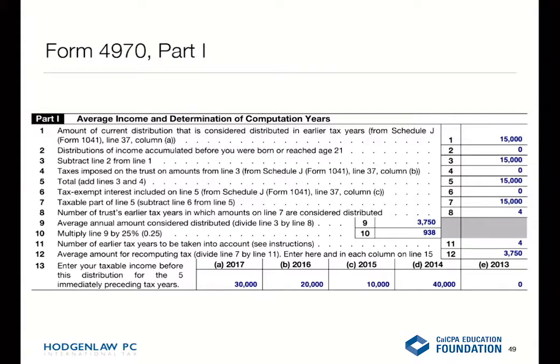What I have put is the trust distribution amounts. I did this purely as a matter of convenience because I'm not sending this form to the IRS. I'm doing a presentation on the internet. When you're filling out this form to send it to the IRS, put the actual taxable income. Don't put the distribution amount. Those are going to be different. But I got to break the rules because I can do that.